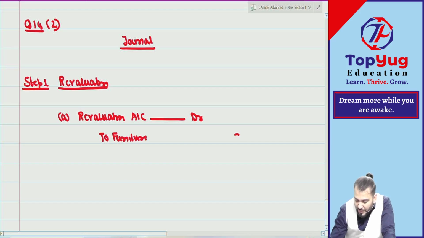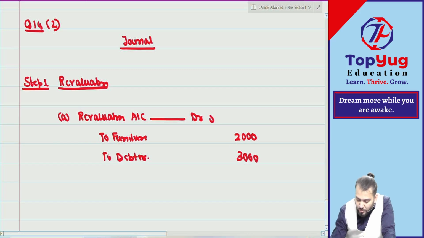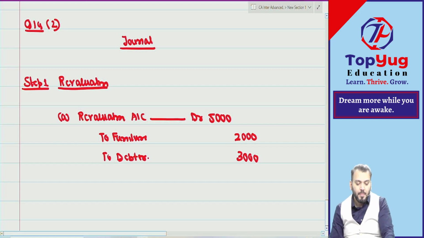And you can see there is one debtor. Debtor will also decrease. So can we write down 2? Debtor how much? Debtor will decrease by 5%. So 60,000, 5% is how much? 3,000. So how much total? 5,000. And stock will become 85,000.